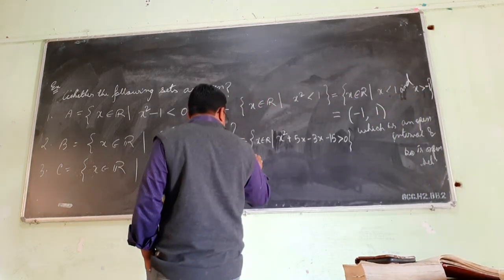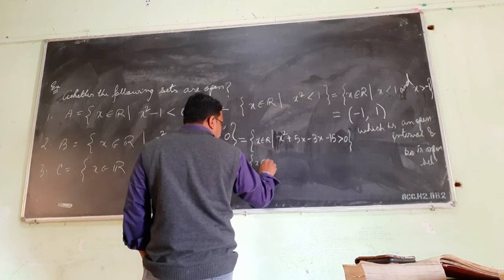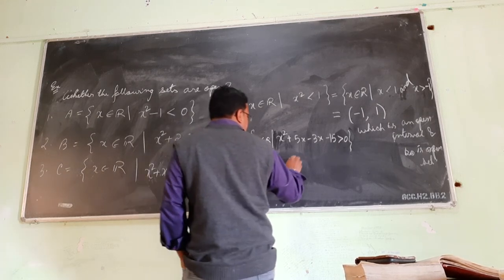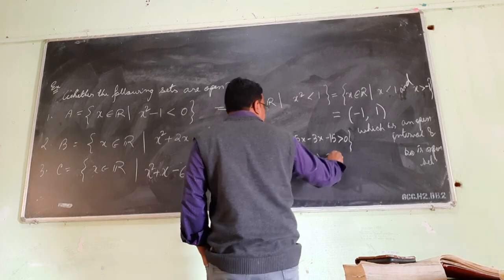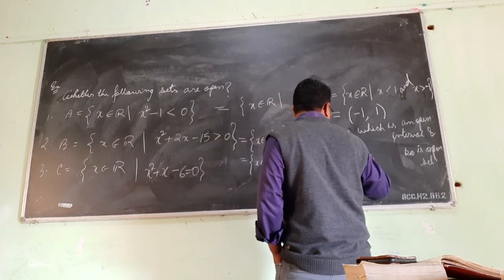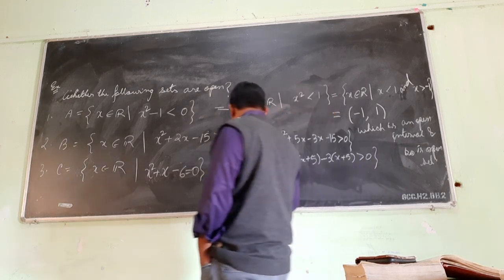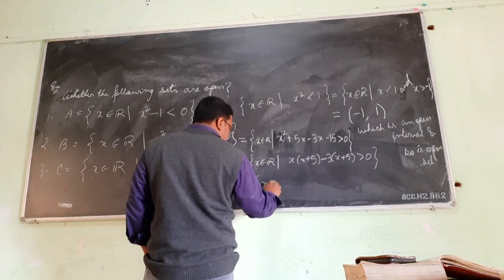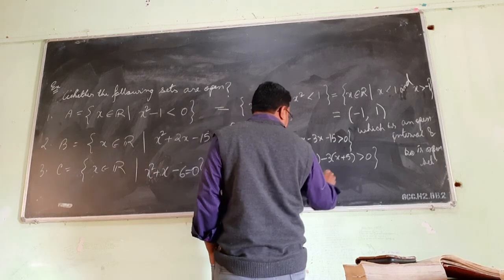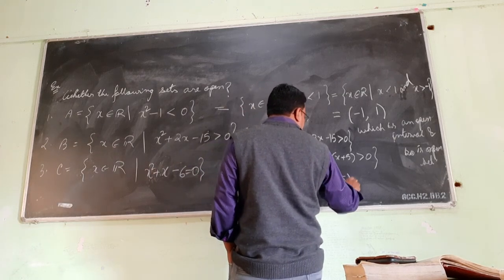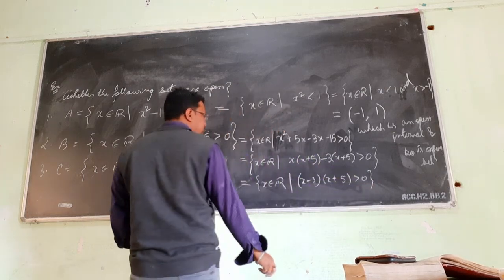So I can write this as the set of all those x in R such that x into x plus 5 minus 3 into x plus 5 is greater than 0. So this will be the set of all those x in R such that x minus 3 multiplied with x plus 5 is greater than 0.